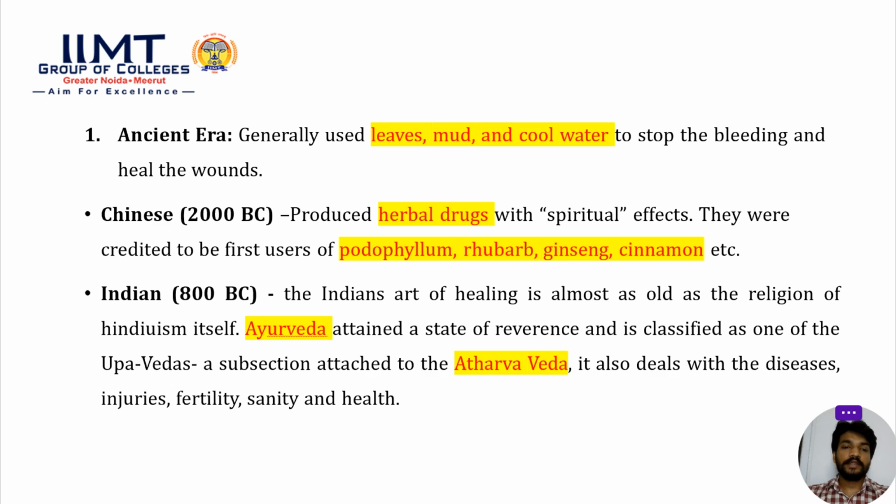So, talking about the ancient era, two main regions came. First is Chinese, that is 2000 BC. They particularly produced herbal drugs with spiritual effects. They were credited to the first user of podophyllum, rhubarb, ginseng, and cinnamon. These are particularly the herbs which are capable of treating certain ailments at that time.